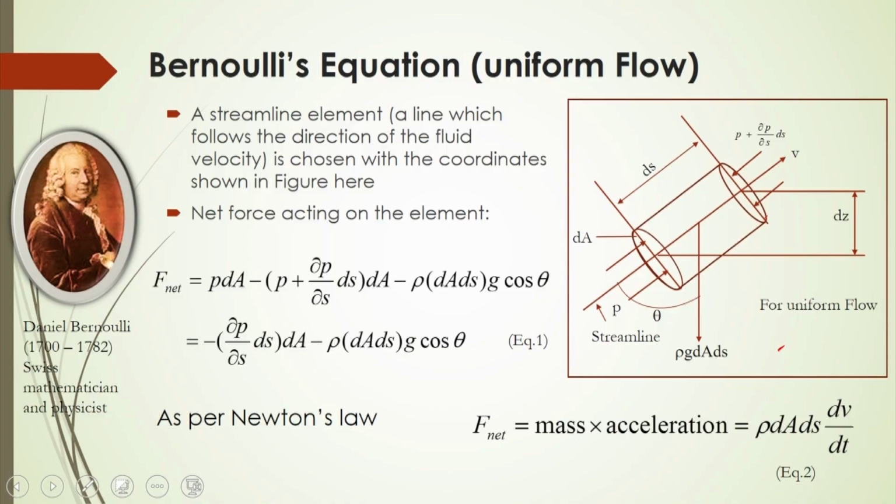Similarly, there is a force acting due to gravitation. The gravitational force is mg, where m is rho into volume, that is rho into dA into ds, times g. The gravitational force acts in the downward direction, but if we consider the direction of the streamline flow, the component of gravitational force opposite to the streamline flow is equal to rho dA ds g cos theta.